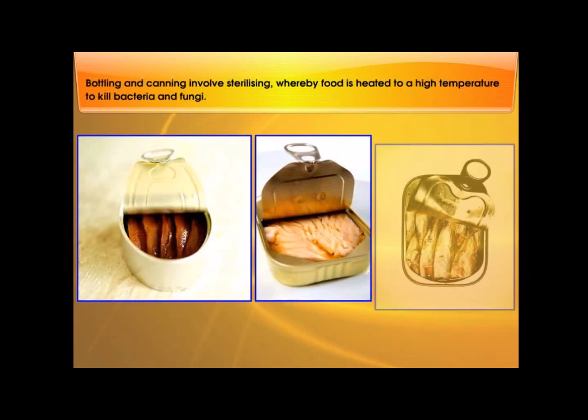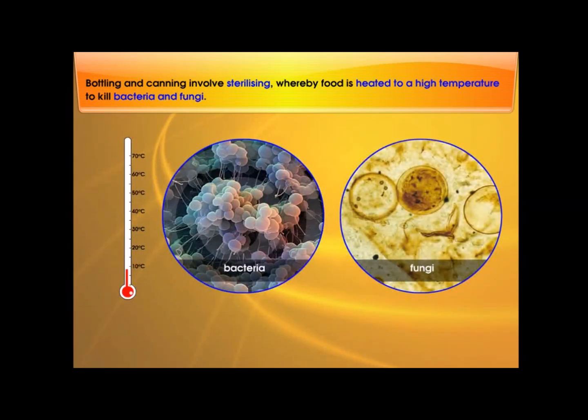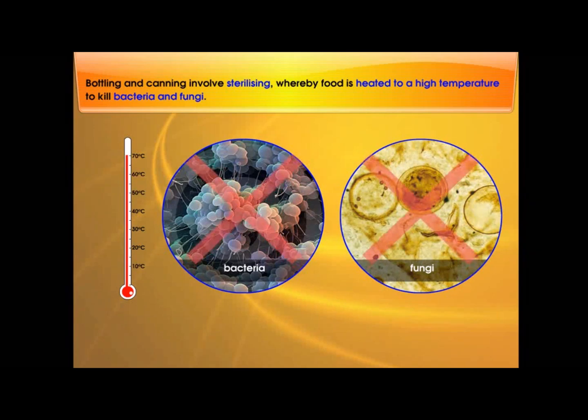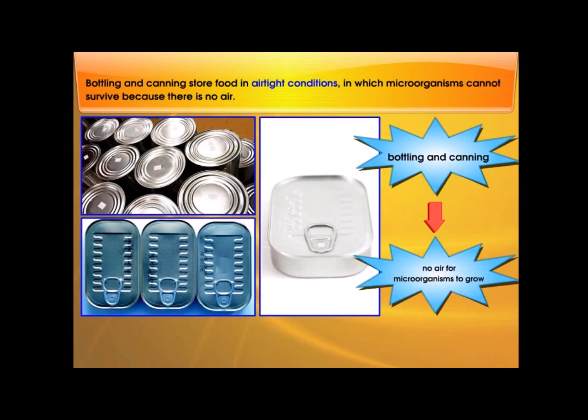Bottling and canning involve sterilizing, whereby food is heated to a high temperature to kill bacteria and fungi. Bottling and canning store food in airtight conditions in which microorganisms cannot survive because there is no air.